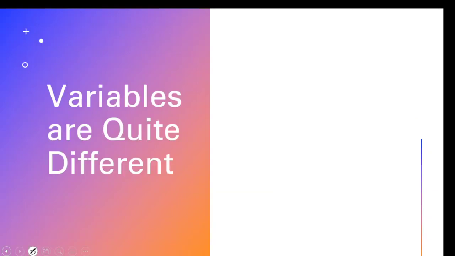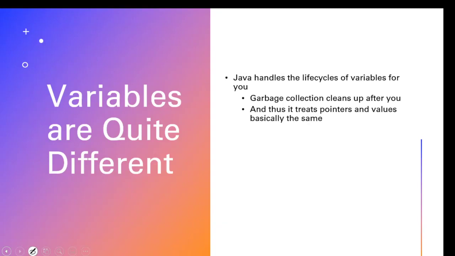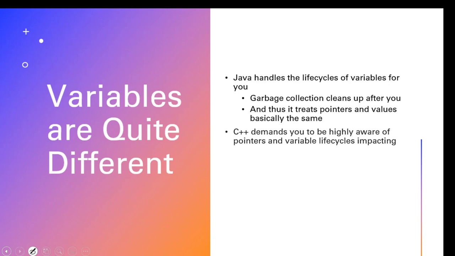One of the big things I had talked about before is the idea of data management life cycles. And so variables are quite different in C++. In Java, it handles the variable lifecycle for you. You create variables anytime you want to, and the garbage collector will clean them up after you. So really, there's not much ado about the differences between pointers and values. In C++, you have to be highly aware of how you declare variables, when you declare variables.